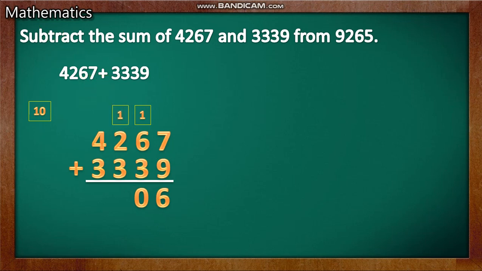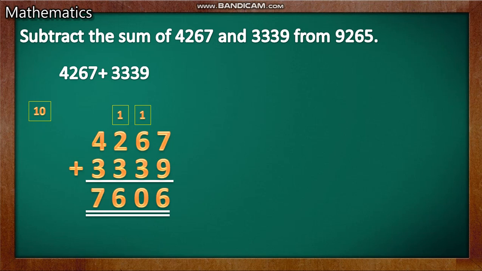Ready? Now the hundreds place: 1 plus 2 is 3, then 3 plus 3 is 6. Then at last the thousands place: 4 plus 3 is 7. Okay, that is the sum of the two numbers.